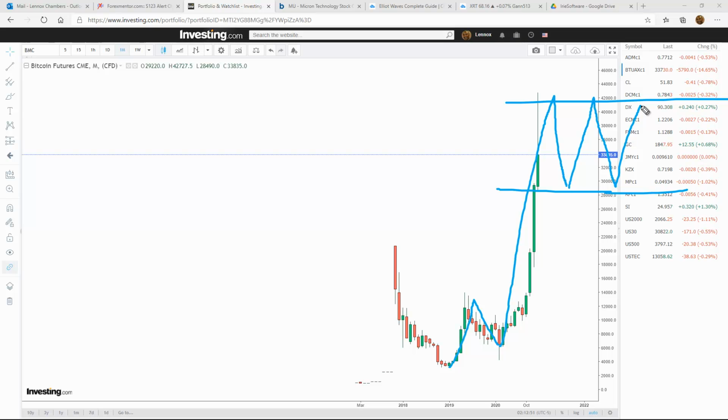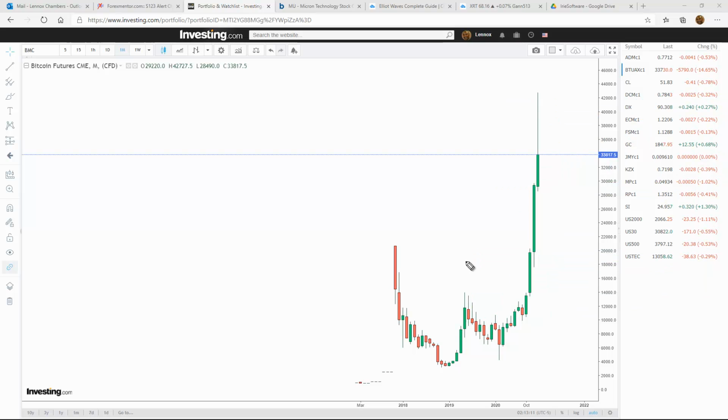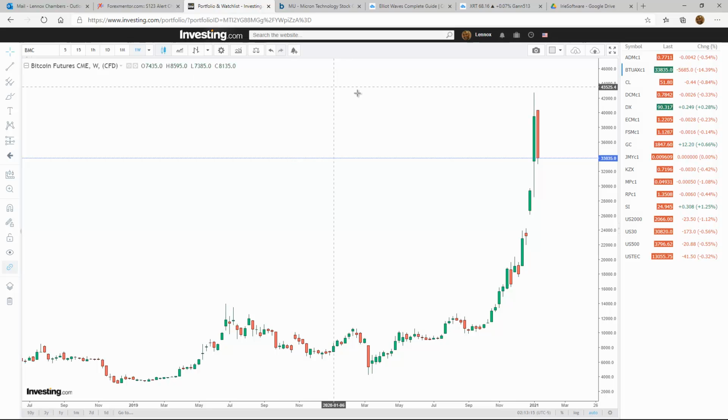But we could definitely see movements even taking us way back down to this level, somewhere in this area. We could even come all the way back down to this level, and before we get a turnaround move back up.